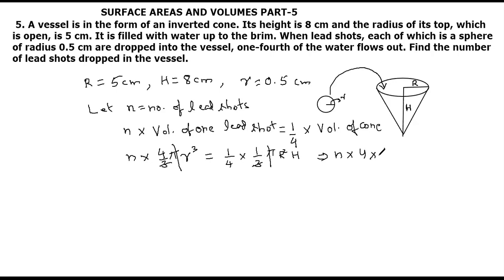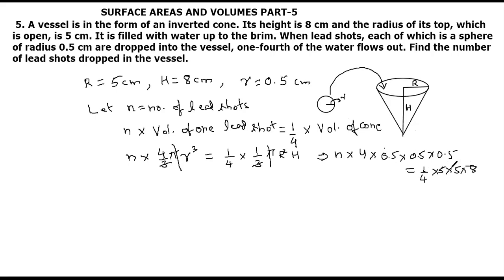And what is r? r is equal to 0.5. So n into 4 into 0.5 into 0.5 into 0.5 is equal to 1/4 into R square, capital R is 5, 5 into 5, into height.